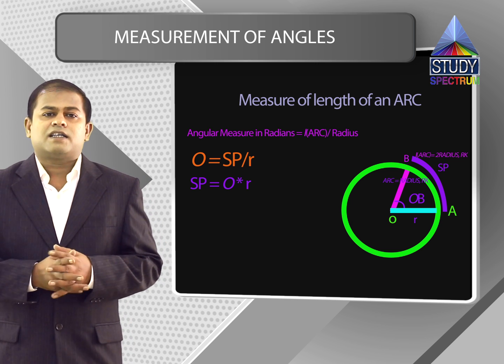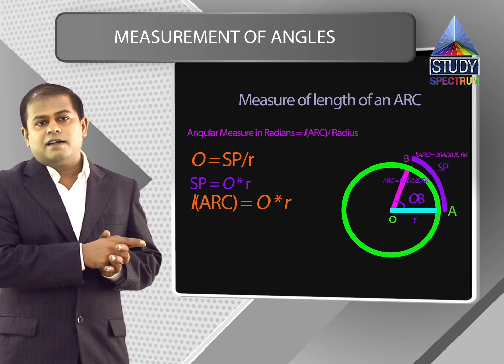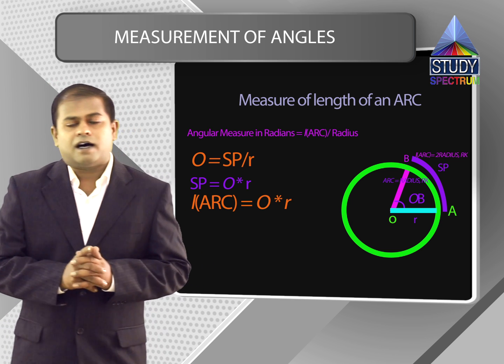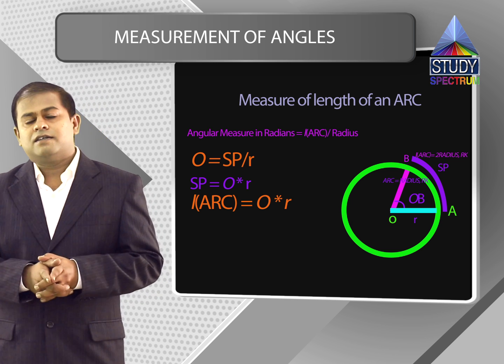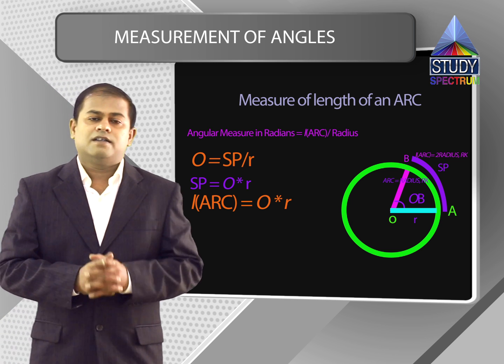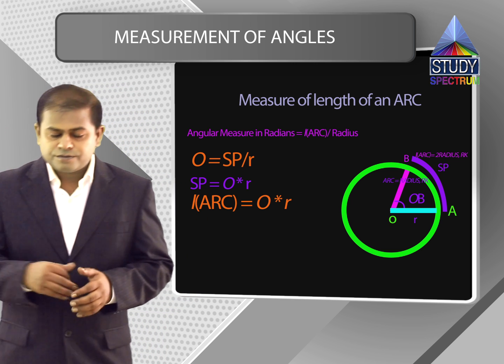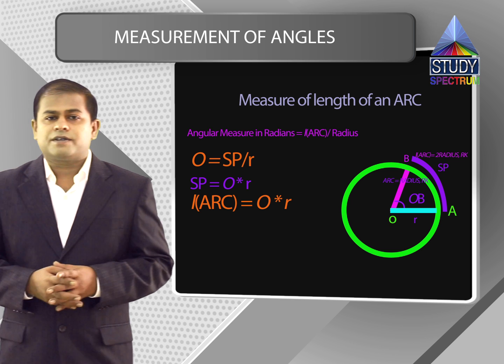The length of arc is the product of radius and angle in radians, right? S is r into theta, that is, the product of radius and central angle measured in radians. Now we'll solve 2 or 3 problems to clear it, then we'll move to the next topic.